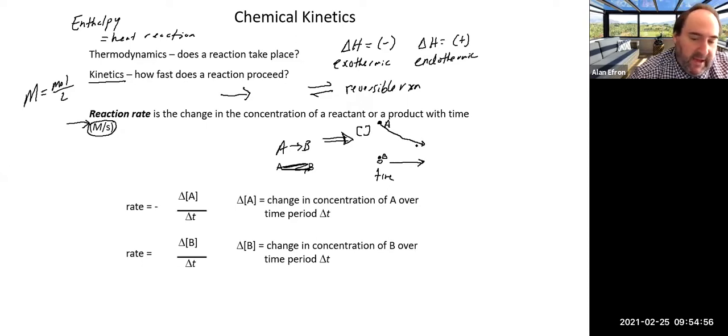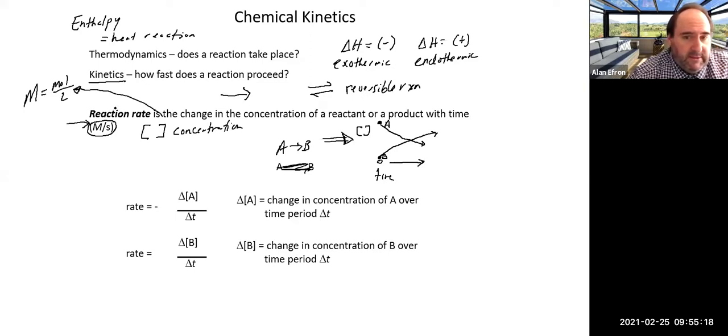So we see a downward direction for A, while we see a gradual increase on the product side as we make them. By the way, concentration is what that bracket means, and usually that means molarity.